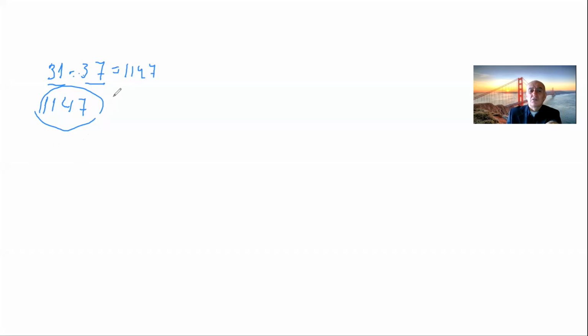But to factorize the product, it's impossible in real time. It needs centuries for a modern computer to factorize the product of two 500-digit numbers.